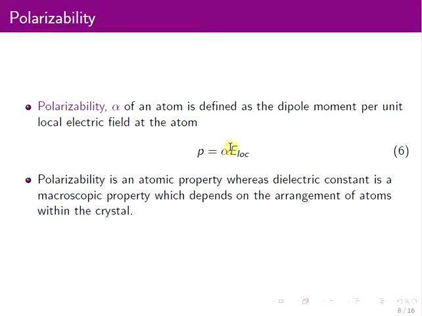This proportionality constant is defined as the polarizability. Polarizability we define in the case of an atom, where the local electric field can induce a dipole moment. We can say that the polarizability is an atomic property, whereas the dielectric constant is a macroscopic property which depends on the arrangement of atoms within the crystal.